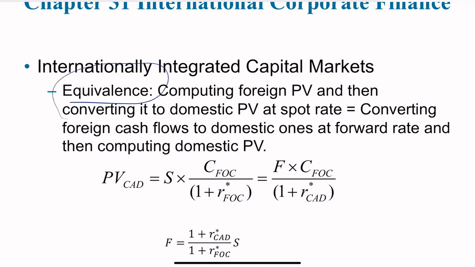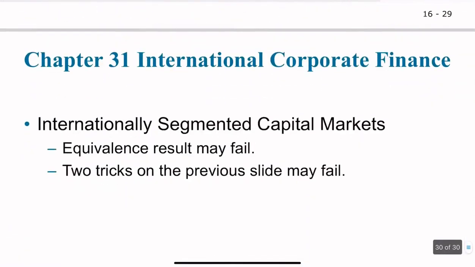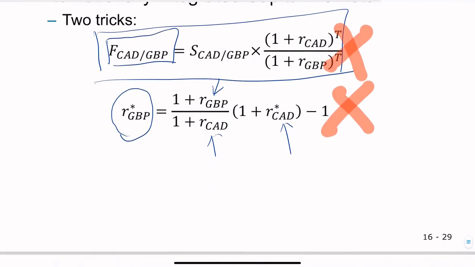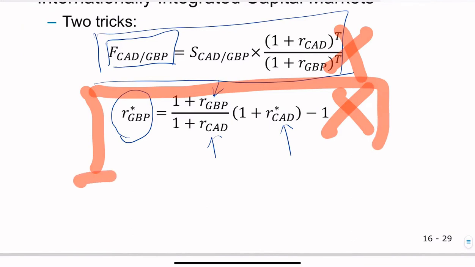So if capital markets are not internationally integrated, that is, if capital markets are segmented, then this equivalence result can fail, which means these two methods could give you two different answers. And we have a lecture note problem on this. And also that these two tricks might fail. That is, the covered interest parity could stop working. And this second formula could also stop working.